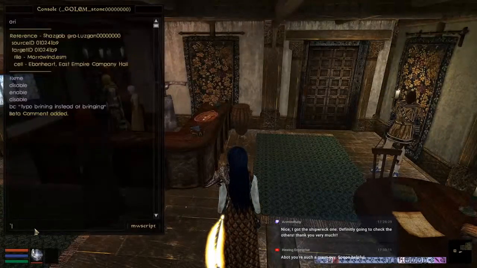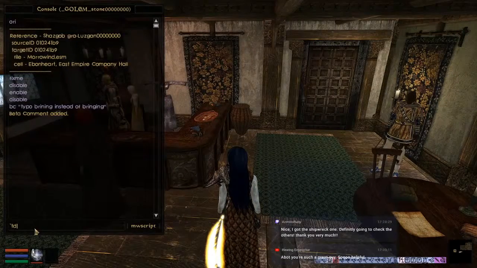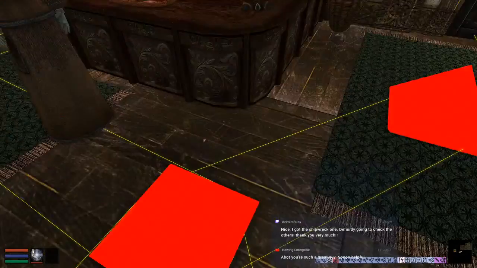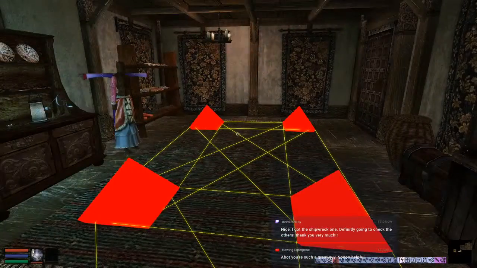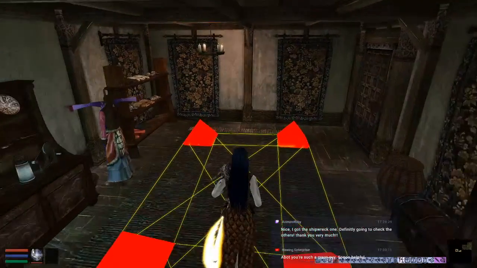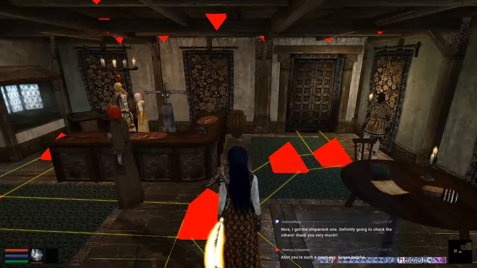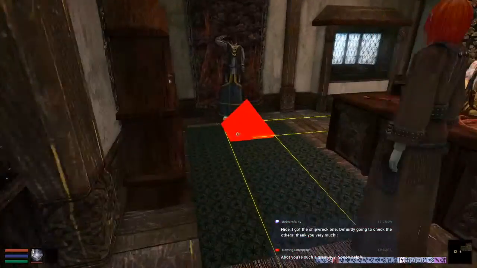Just as we are here, we will check for the path grids. As you can see, we have the path grid here, which is nice because this way NPCs can move, they usually don't stare at the walls and so on.